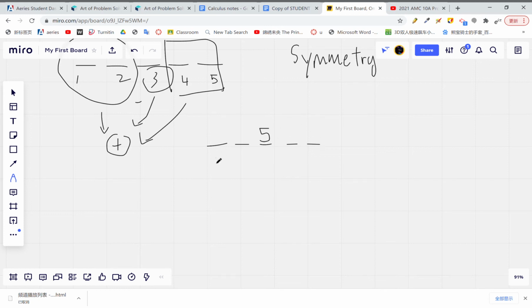So the first case is that this is 4 and this is 3. Then these two can either be 1 or 2, so there will be 2 factorial. And this is also interchangeable because 1 and 2 are both smaller than 3, so this is also 2 factorial. So basically, the first case will be 2 factorial squared.